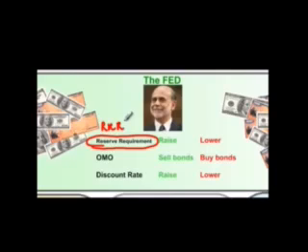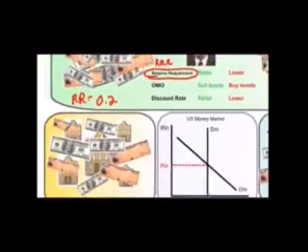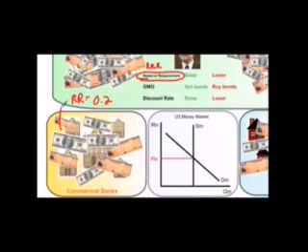Now, let's do an actual example here. If a commercial bank, that is a private bank, has total deposits equaling $1 billion, in other words, households have saved $1 billion at that bank, and the reserve requirement equals 0.2, this tells us that 20% of that $1 billion must be kept on reserve at the Fed.